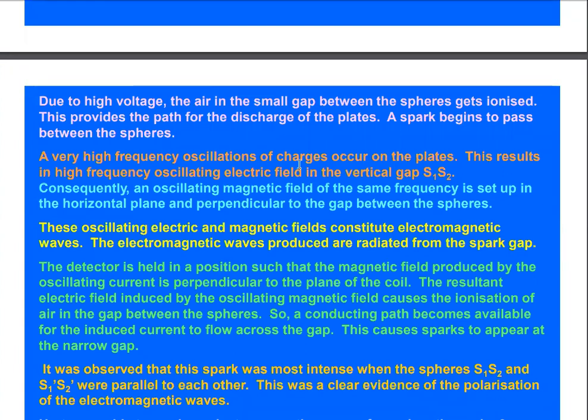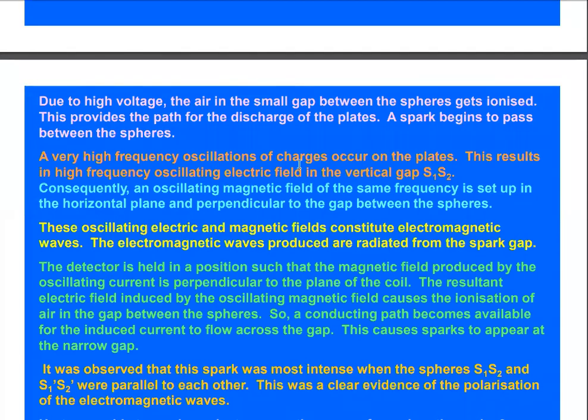So this oscillating electric and magnetic field constitutes an electromagnetic wave. As we have already told you, a wave consists of two fields, electric and magnetic, mutually perpendicular to each other and also perpendicular to the direction of propagation of the wave.